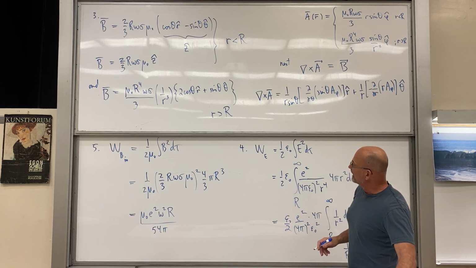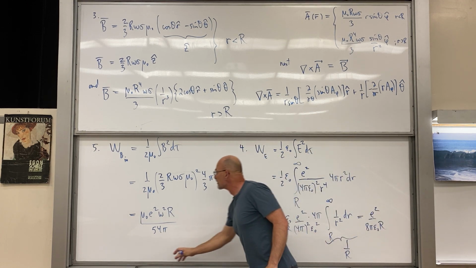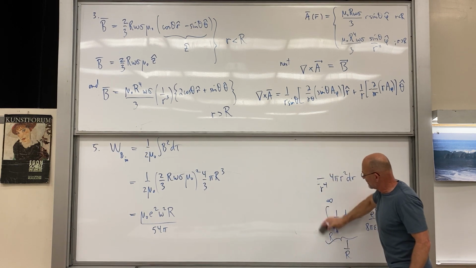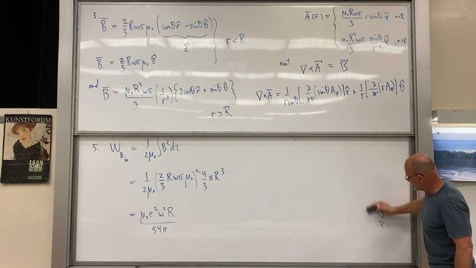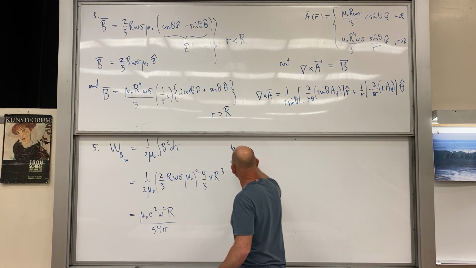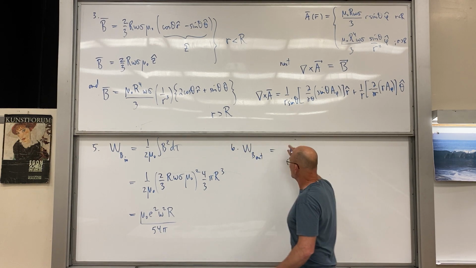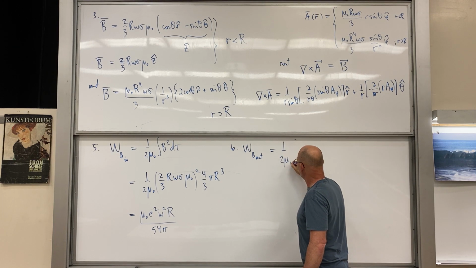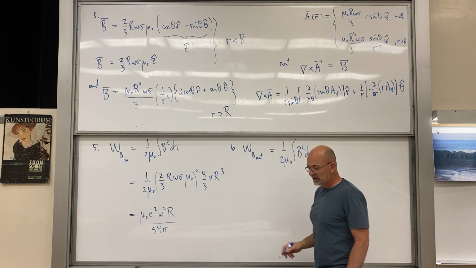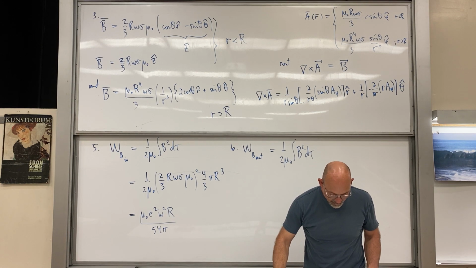So the next one is going to be this part of the field here. Energy of the outside, again 1 over 2 mu naught integral B squared d tau, and this one takes us into polar coordinates. Let me write down what I have here.